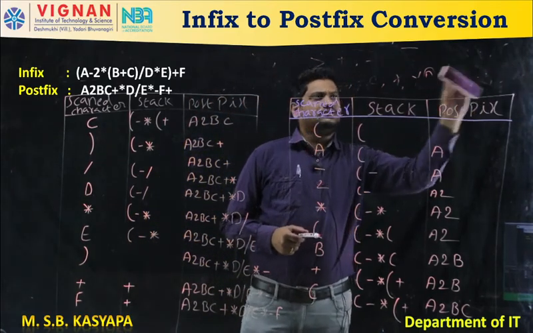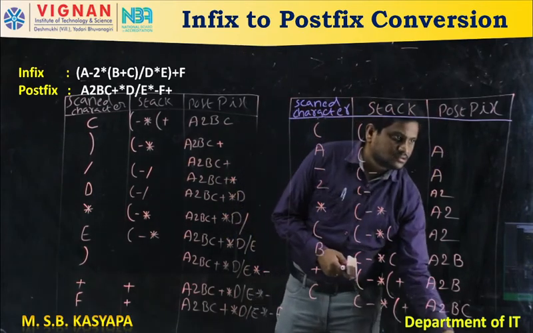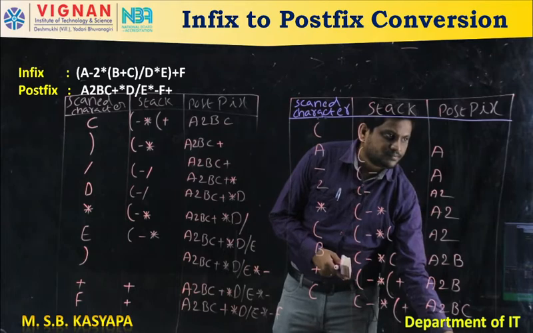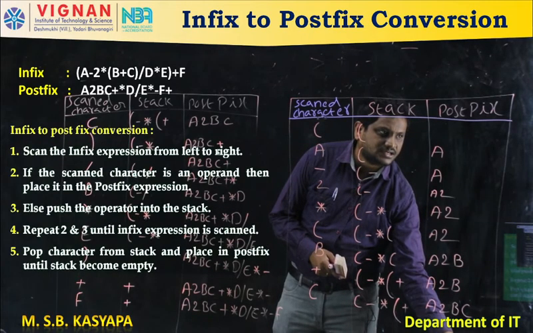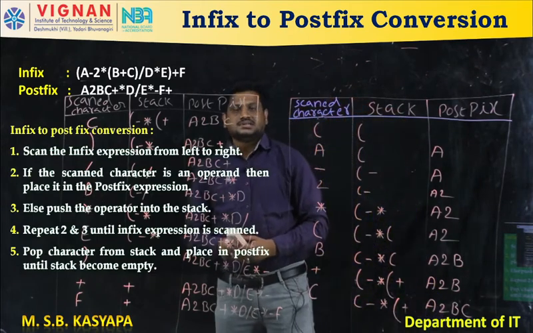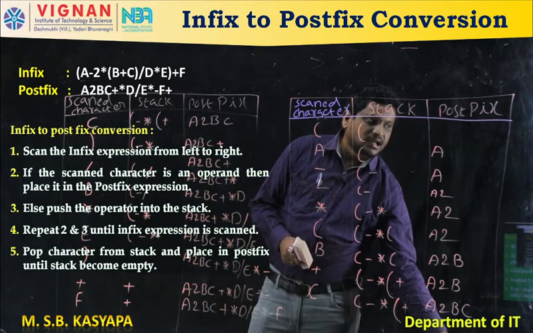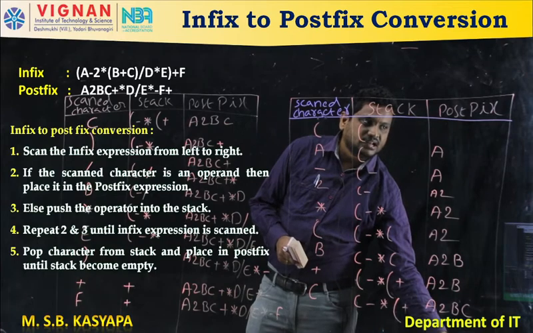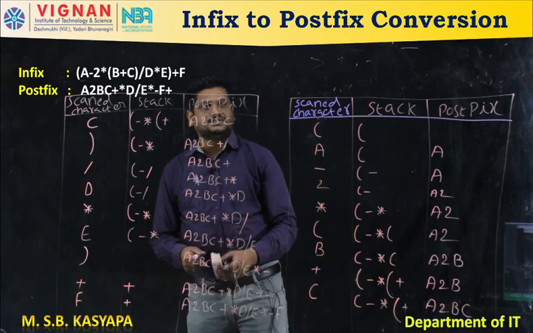Now, what do I have to do? In the previous slide I already showed you, if all the elements are read and the input is finished, then whatever operators are available in the stack, I have to move to the postfix expression.